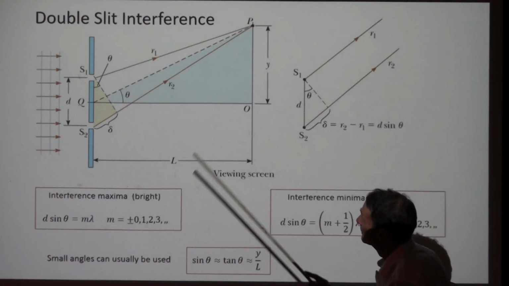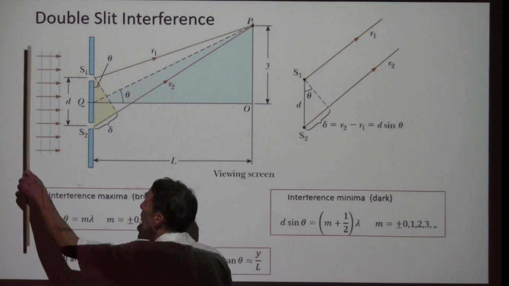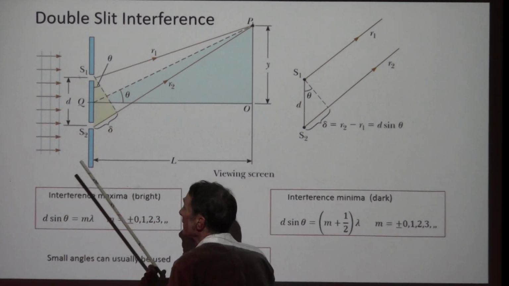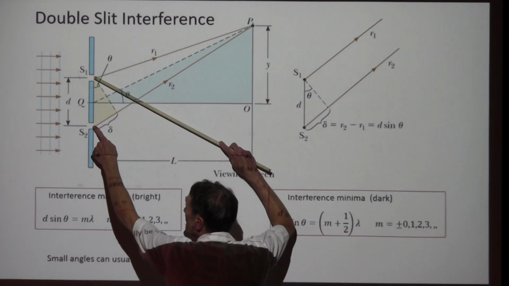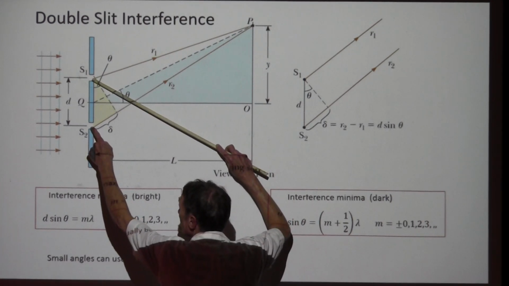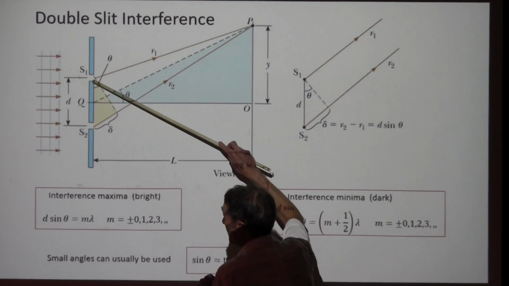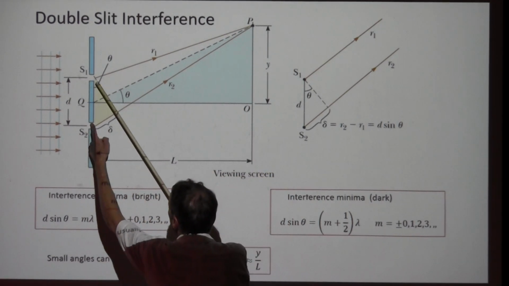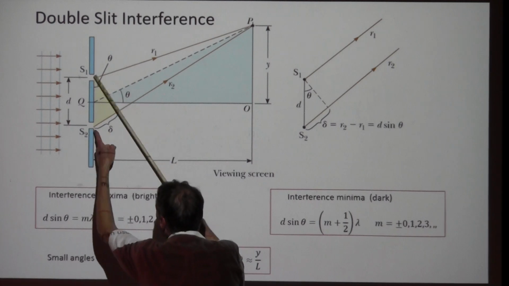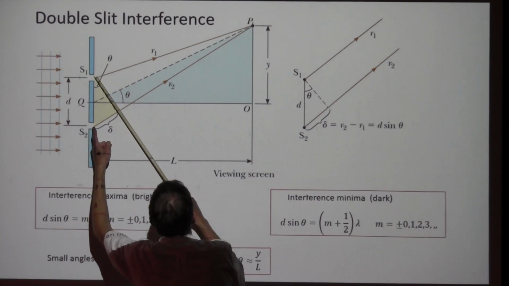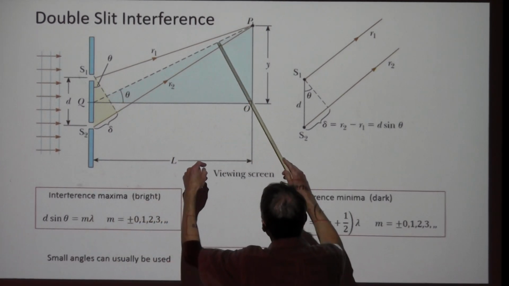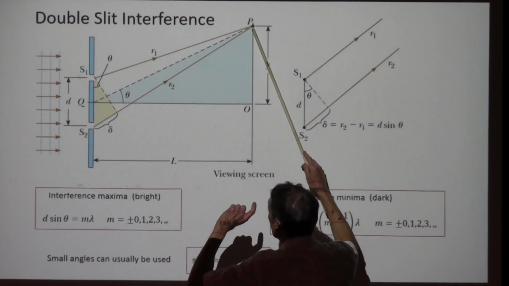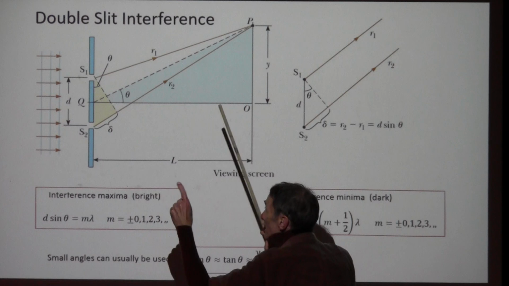We're going to look at the double slit. We're going to bring in waves. In this case, it's going to be waves of light that are going to strike a couple of openings here. Double slit interference is what's going to be set up. They have a distance d apart. These waves are going to go through, and they will start out in phase together. And then the question is, when they get out to some distant point on the screen, what are these waves doing? Are they constructive? Are they going together?